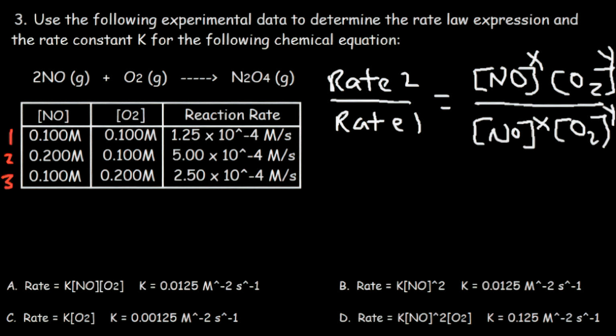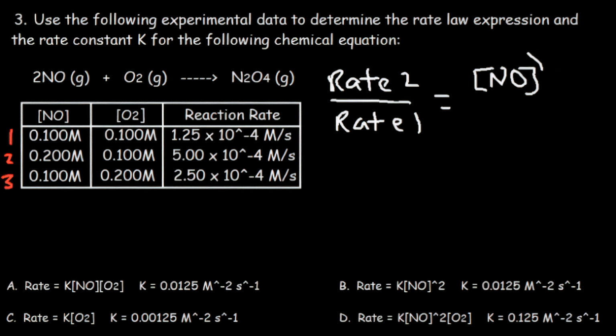You can write it this way, but another way you can write it, which I actually think might be easier now that I'm doing this problem, let's write it like this. NO2 and NO1. It's really NO, but the 2 means like for trial 2. And then raised to the x power.